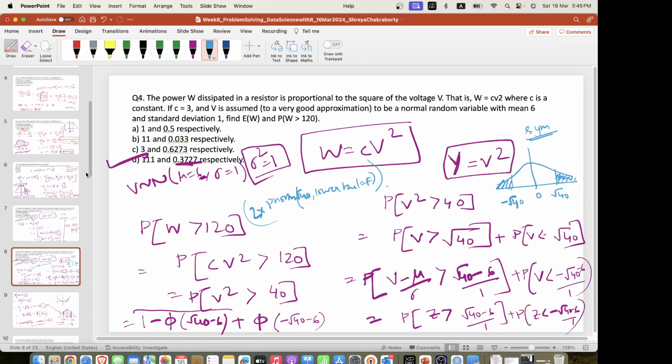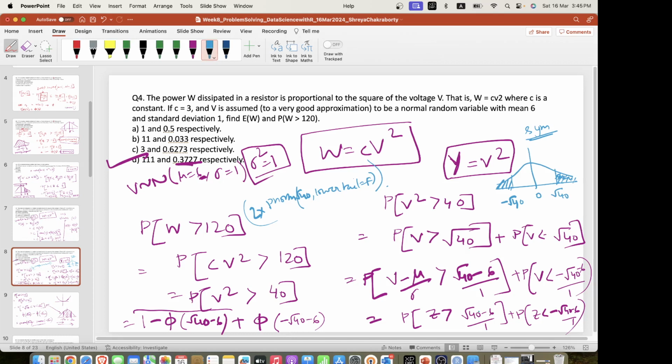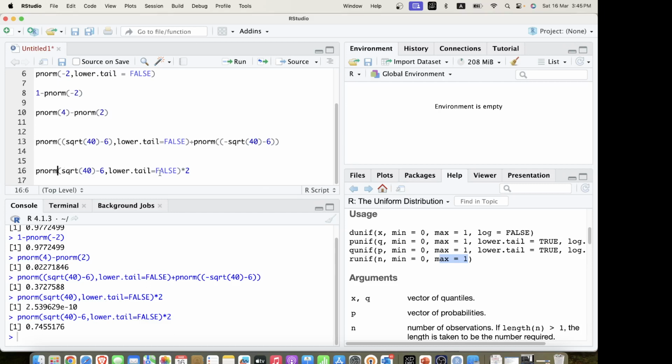Why is it not coming? Probability V greater than root 40 minus 6. That's what I wrote. Greater than root 40 minus 6, p norm lower dot tail equal to false. Then why am I not getting it?